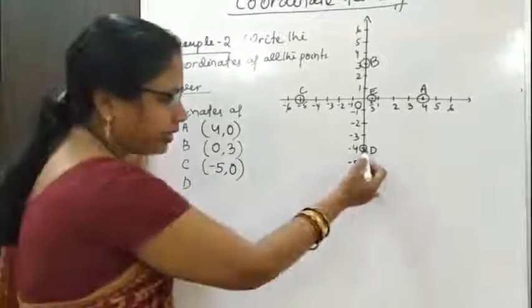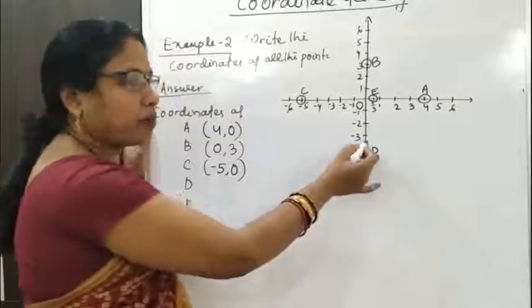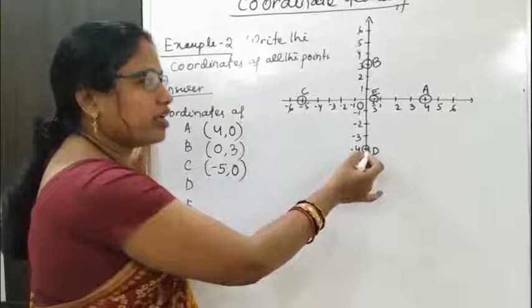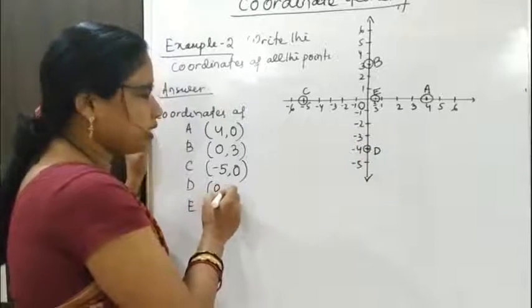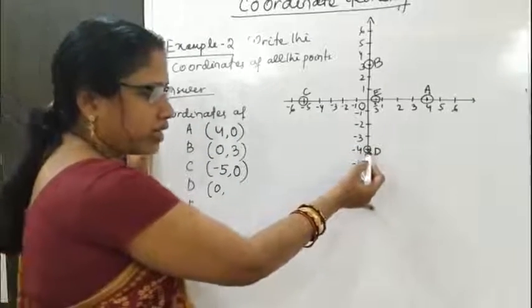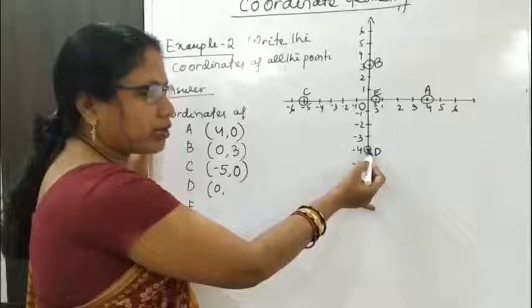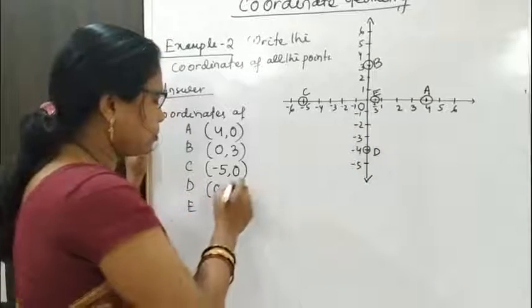Then come to point D. The x coordinate of D is the perpendicular distance of D from the y axis. This is 0 here because D is on the y axis. And the y coordinate of D is the perpendicular distance of D from the x axis. This distance is minus 4.